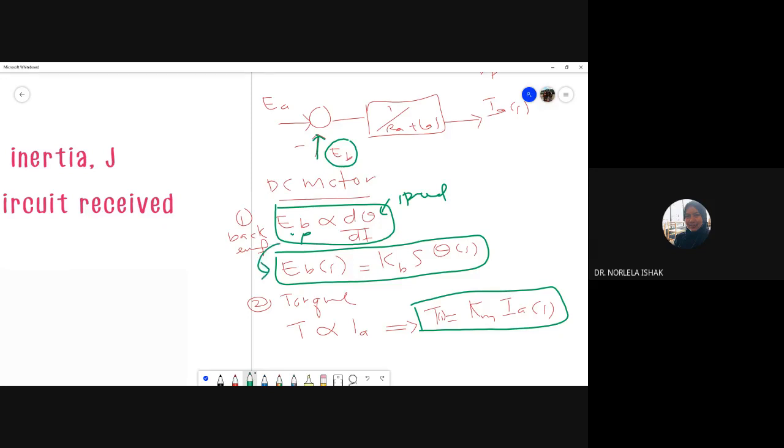So EB is our output. In the previous system, EB was our input, so before EB becomes input, it is the output. Here, this is the output, this is the gain, and this is the input. Angular is your input.